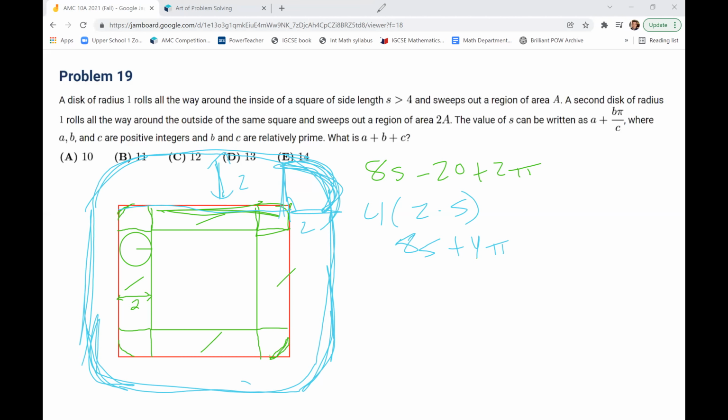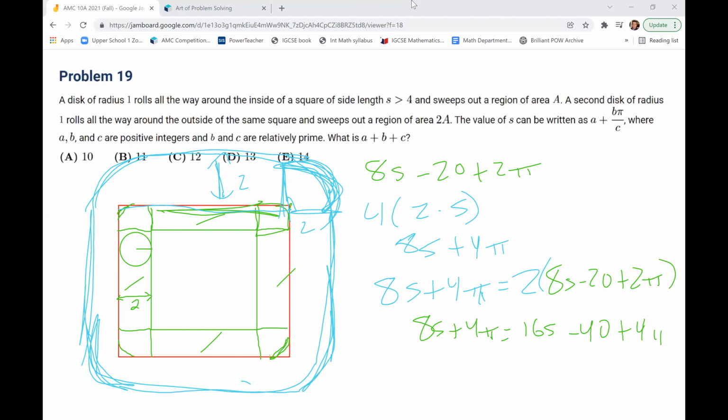Now remember, this area is double. So 8s plus 4 pi equals 2 times 8s minus 20 plus 2 pi. So 8s plus 4 pi equals 16s minus 40 plus 4 pi. 4 pi's can cancel out. 8s equals 40. s equals 5.